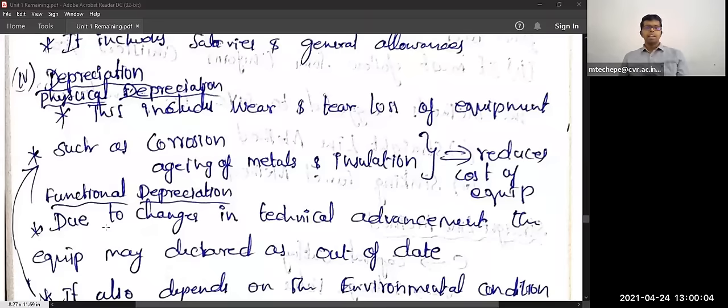And also the generator. You are buying a 100 megawatt generator. They give a lifetime of 5 years or 2 years. Generally, for generators they might not give 5 years also. Say, for example, they give 1 year warranty, and they are not giving warranty for your shafts, your runners and all.